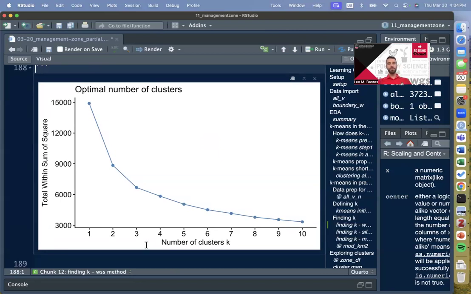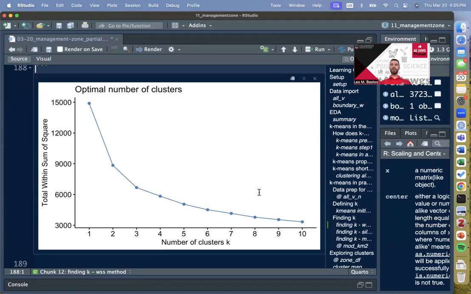It's showing the number of clusters on the x-axis and the total within sum of the squares of your clusters. We want a low total sum of the squares, but notice that there is a point after which your gains are very small by adding an extra cluster. This is also called the elbow method.